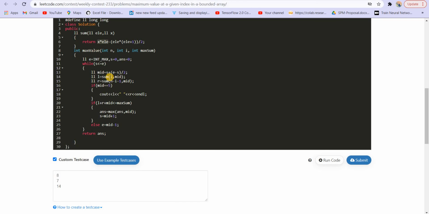So this I should be sending, so that is minimum of I comma mid minus 1. Whichever is smaller. That many elements I should be using, because all the elements are 0.